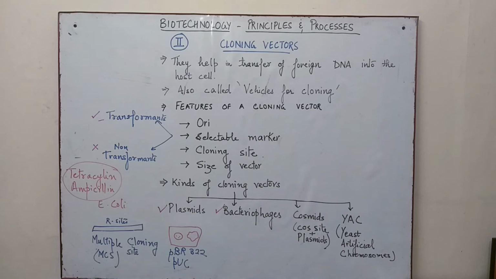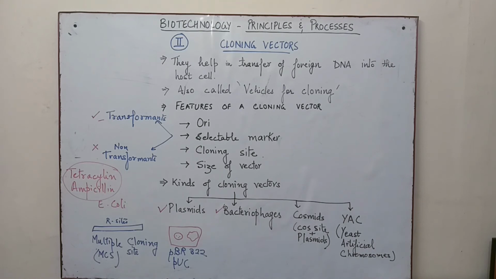They are self-replicating, they are smaller in size, and they have antibiotic resistance, which enables easy selection. They can also be engineered to have all types of useful cloning sites. So plasmids show a more positive response towards recombinant DNA technology.